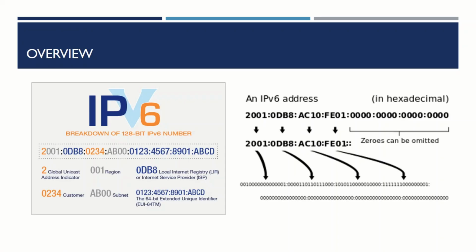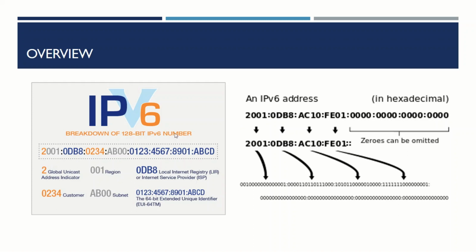Let's take a look at the overview. One of the most important features of IPv6 is its extended addressing capacity. The 128 bits of an IPv6 address are represented in 8 groups of 16 bits each. Each group is written as 4 hexadecimal digits, and the groups are separated by colons. An example of this representation is as follows here in the image.